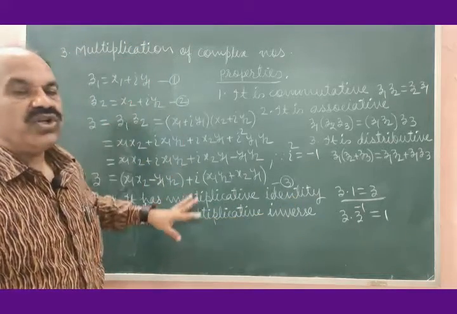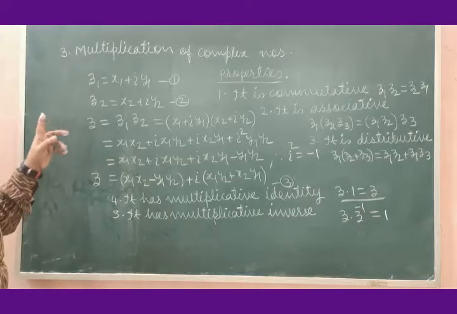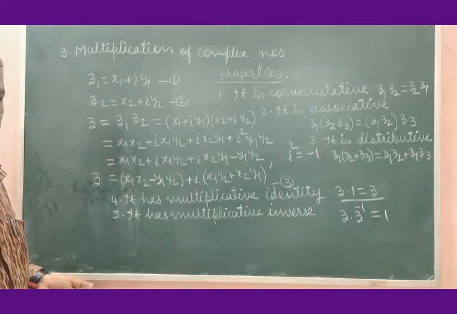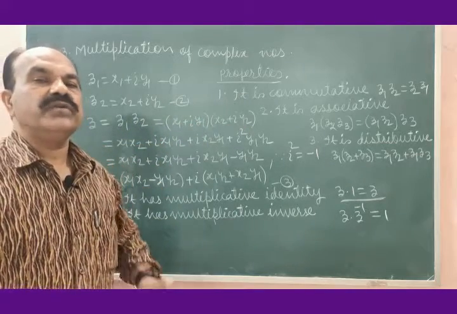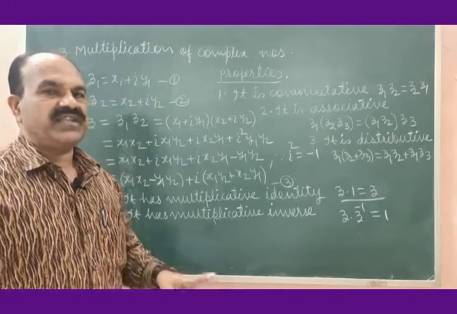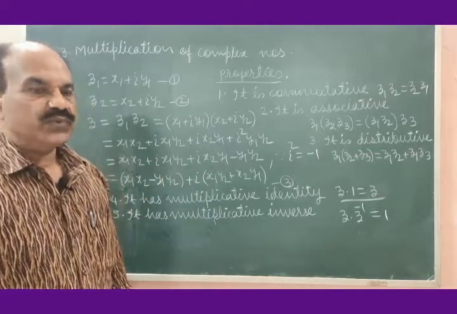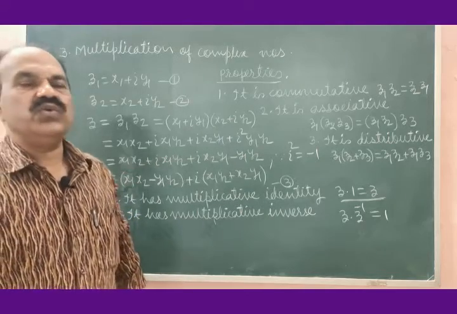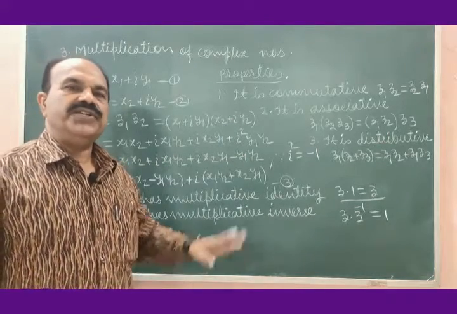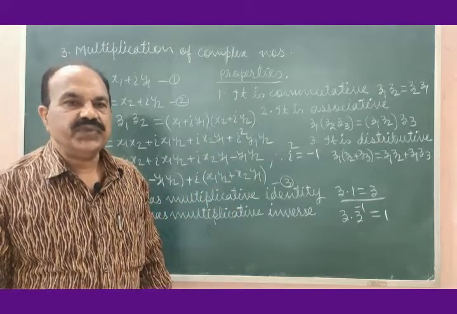After having known how to perform multiplication or product of two complex numbers, we have seen properties of multiplication of complex numbers. First property, it is commutative. That is Z1 into Z2 is equal to Z2 into Z1. Second one, it is associative.